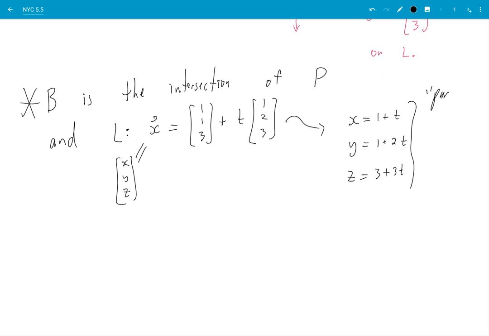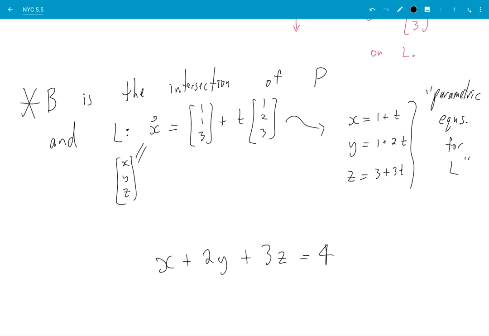These are the parametric equations for L. And what I'm going to do is plug these into my plane, which was what?